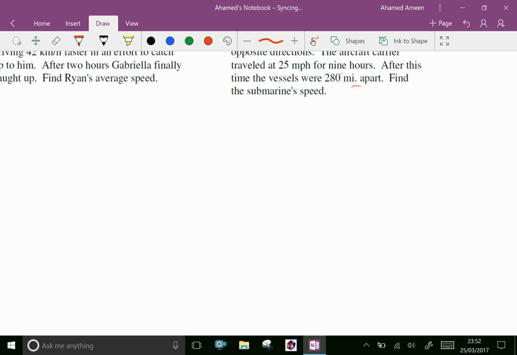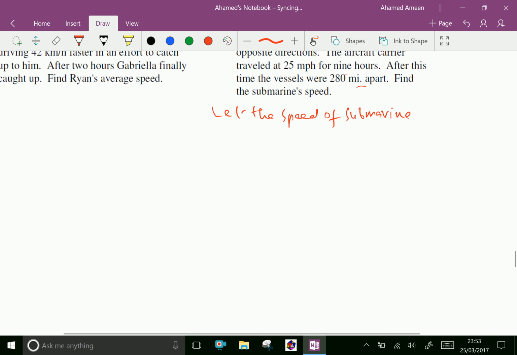Let the speed of submarine equal x miles per hour. Speed of aircraft carrier equal 25 miles per hour.